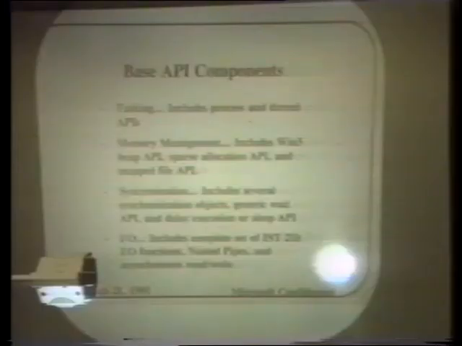And finally, the API set is based in its entirety on the Win16 base API. There are a few things taken from OS/2 and LAN Manager, like named pipes and mail slots and some of the async I/O, but basically it's an extended Win16 with a few of the networking extensions.